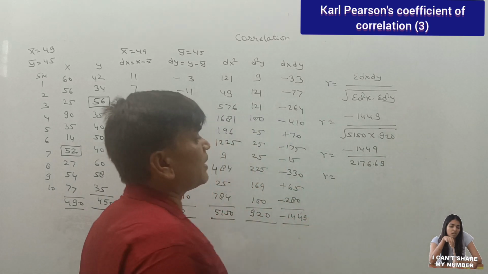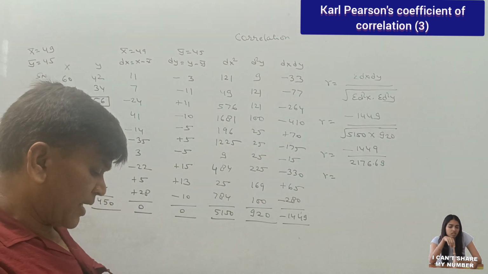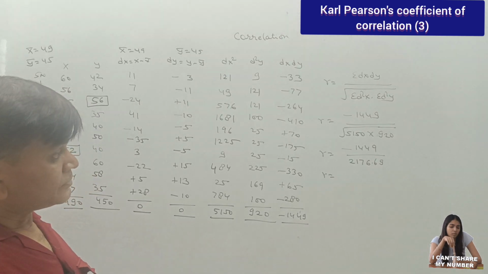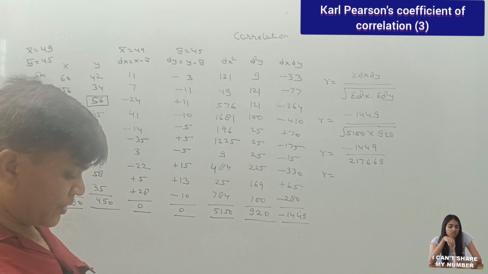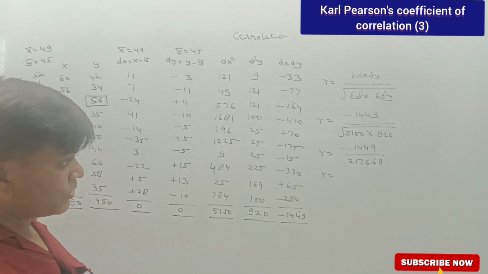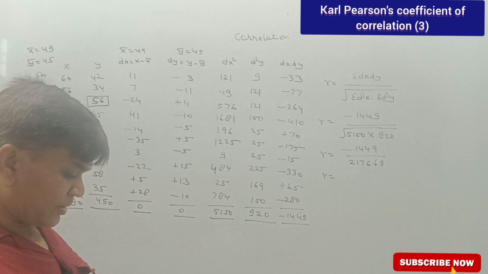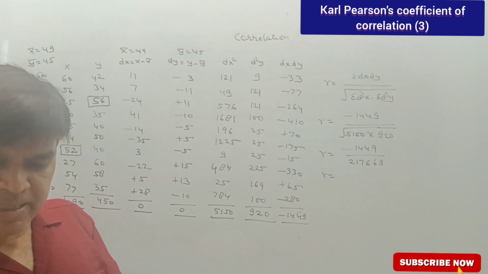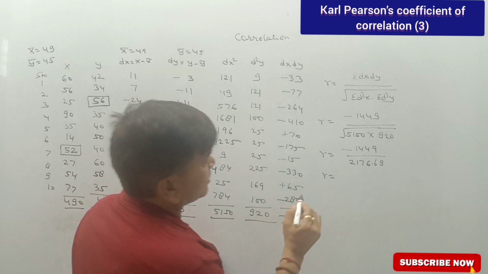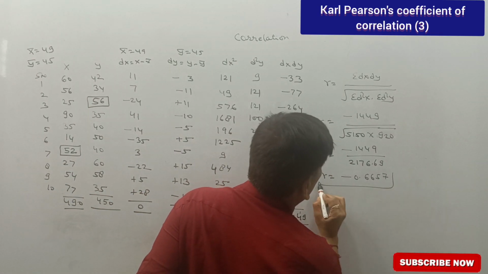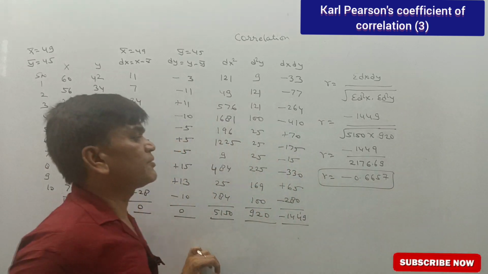So getting the value of r, 1449 divided by 2176.69, the result is 0.6657. So minus 0.6657, this is the Karl Pearson coefficient of correlation.